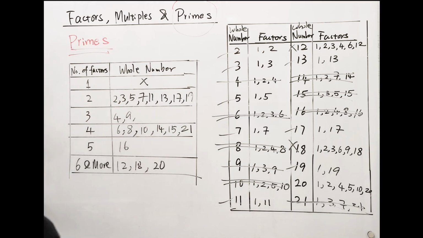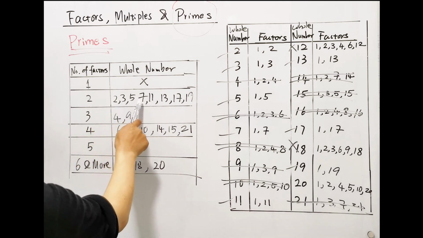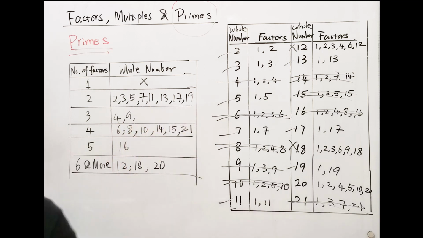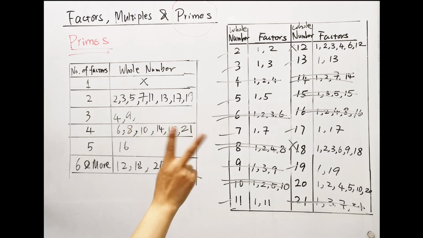Okay, now let's look at the table. So what do we find out? Especially for 2, 3, 5, 7, 11, 13, 17, 19, they have only 2 factors.